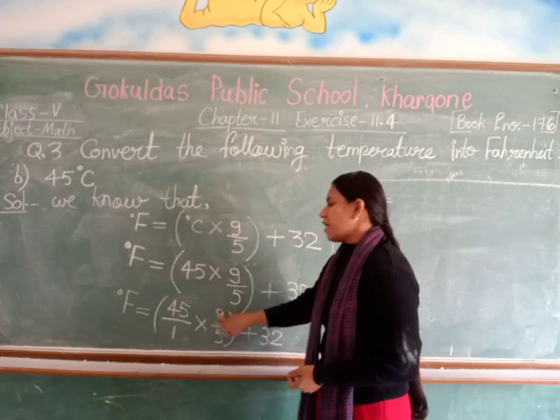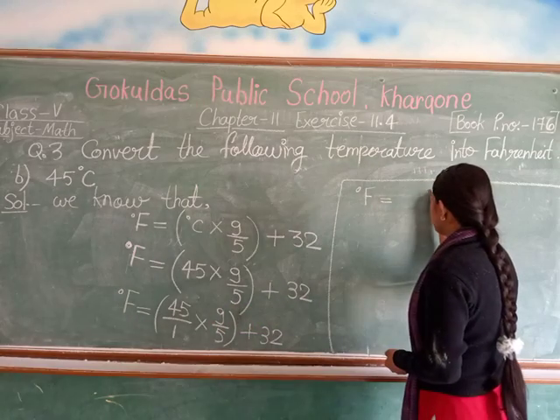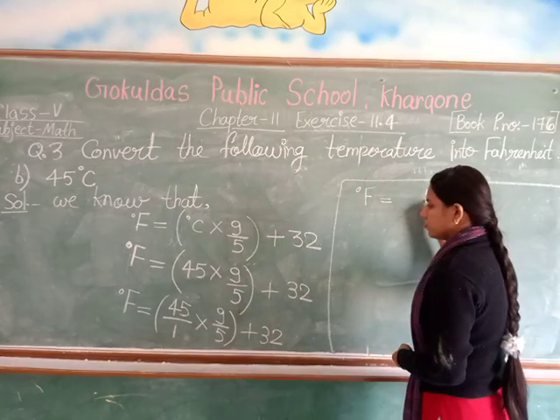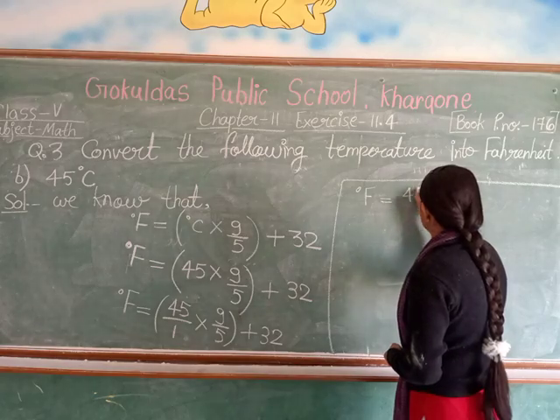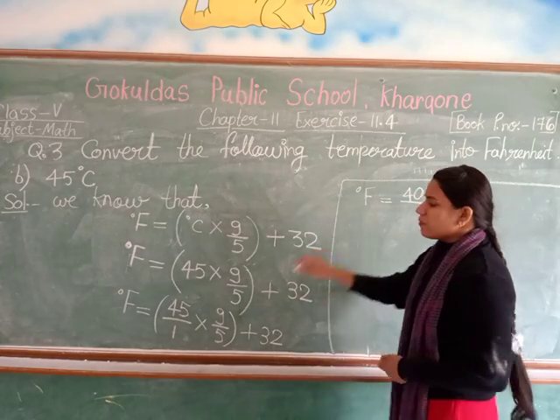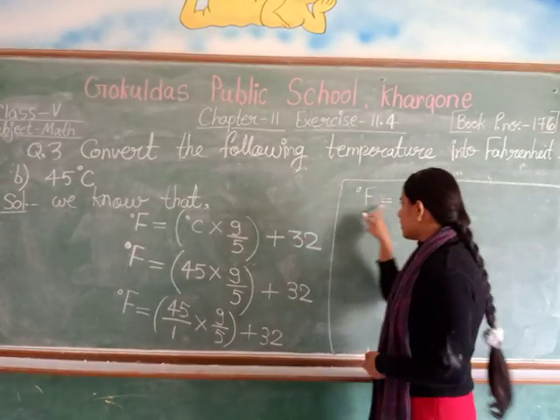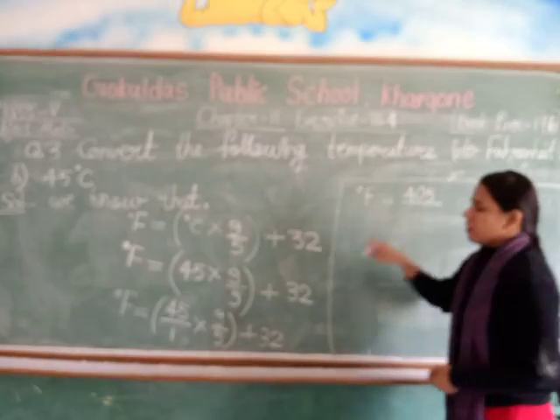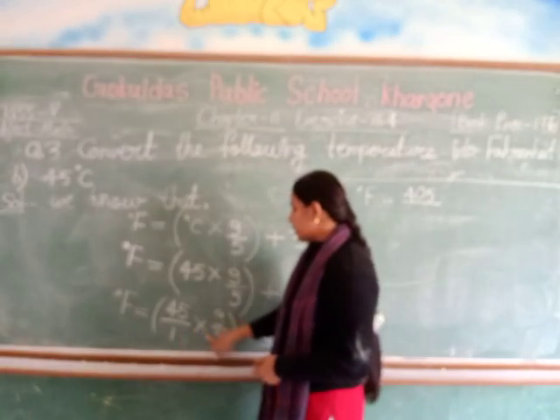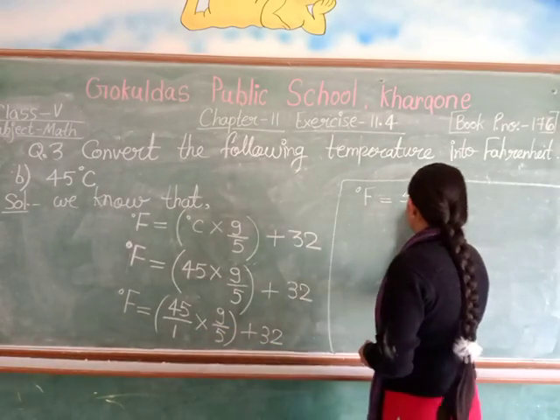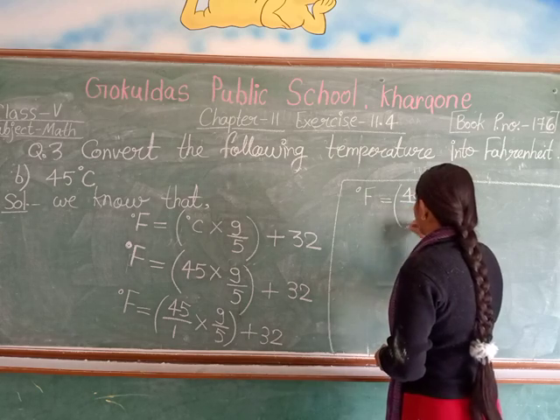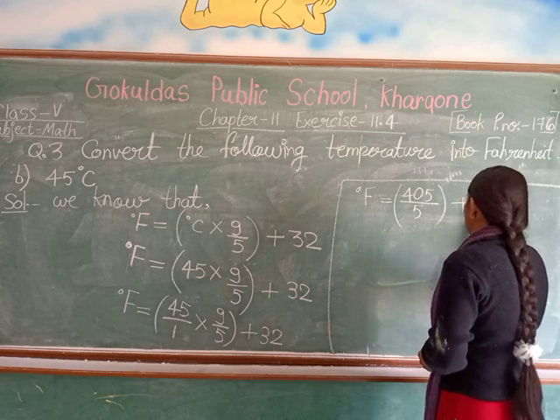So 45 into 9, when I multiply 45 with 9, my result is 405. Now multiply denominators, 1 times 5, 1 5s are 5. Bracket close plus 32.